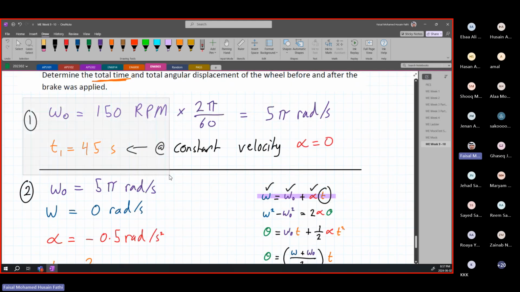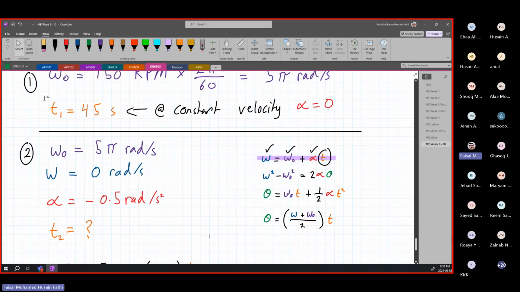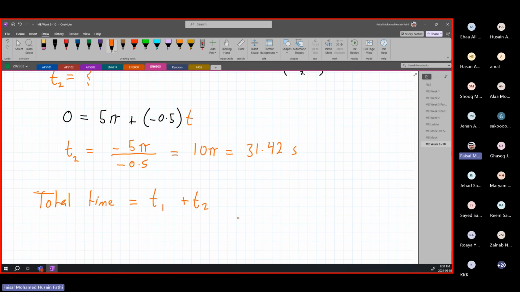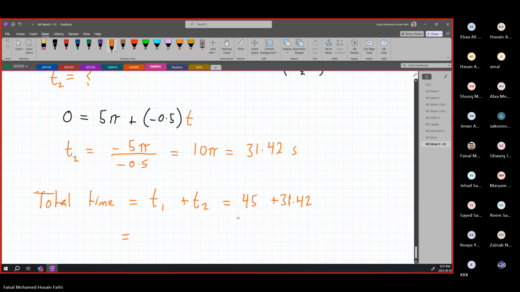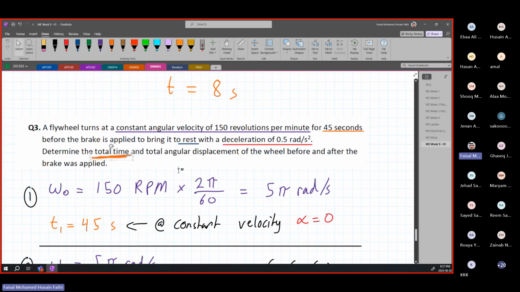So the first stage is this constant velocity stage, and the second stage is the deceleration stage. So it's going to be 45 seconds plus 31.42 seconds, which is equal to 76.42 seconds. Okay, so now we found the first part, which was the total time.